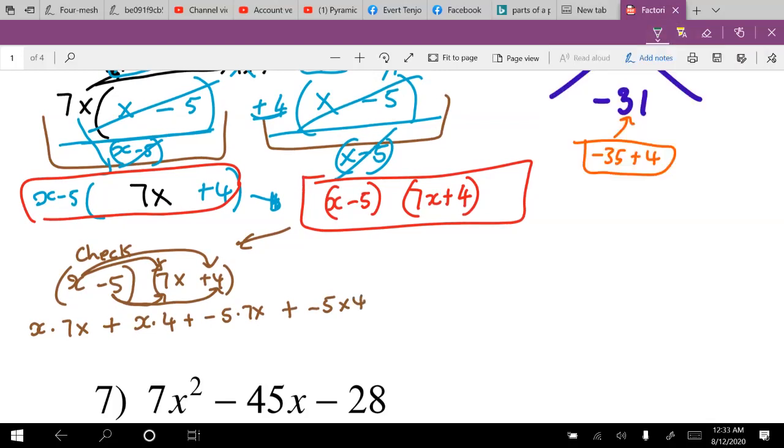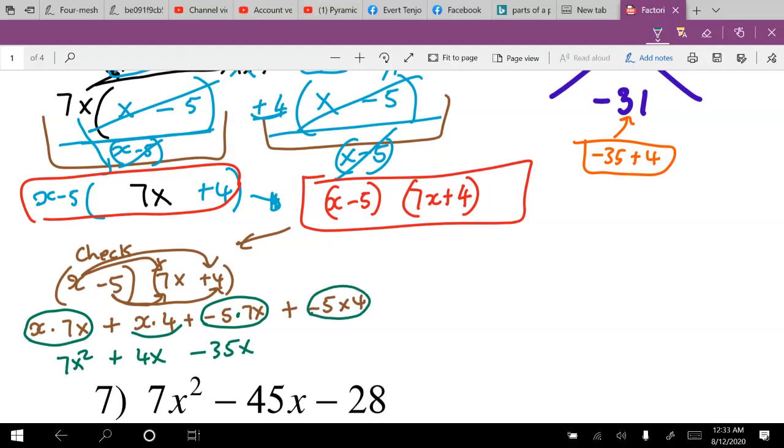So x times 7x is 7x squared. X times 4 is plus 4x. -5 times 7x is -35x.